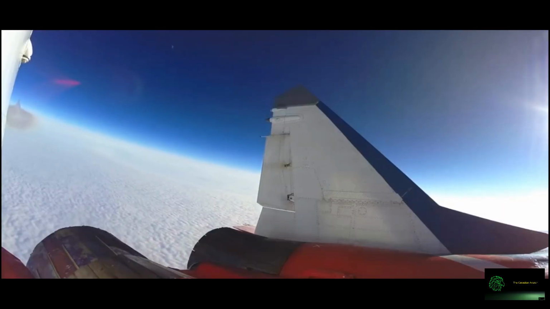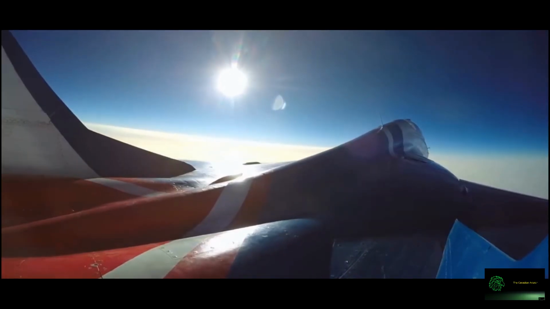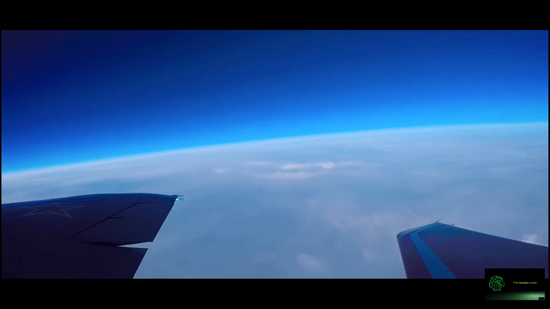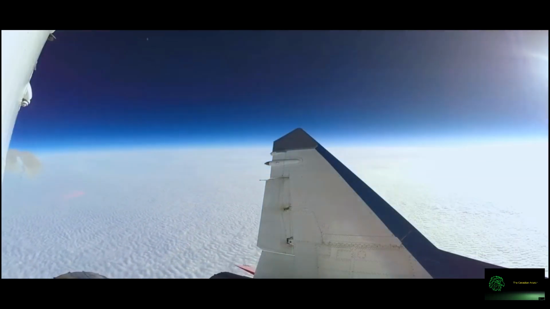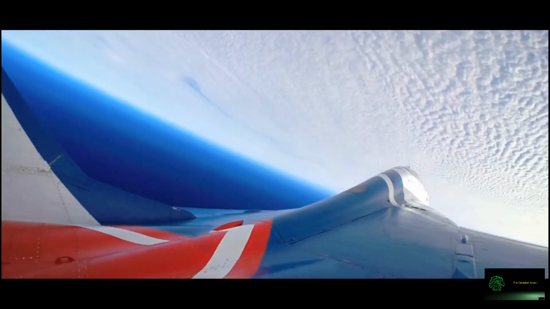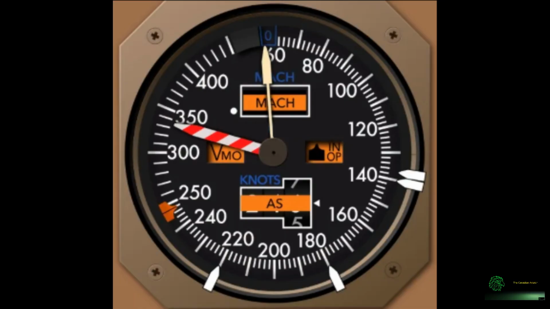These limits are set by the aircraft manufacturer to prevent structural damage, excessive aerodynamic loads, or loss of control. Exceeding VMO or MMO can compromise the aircraft's safety, so pilots carefully monitor airspeed to stay within these certified limits. On a traditional analog round dial airspeed indicator, VMO is marked with a red dial line on the outer edge of the gauge.